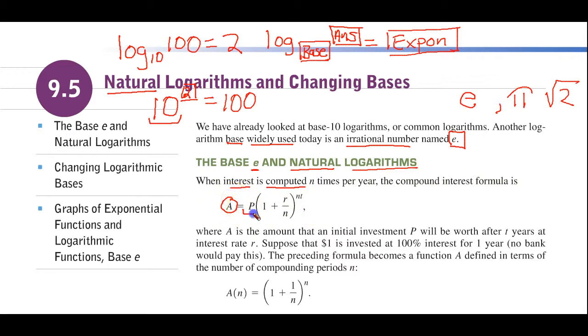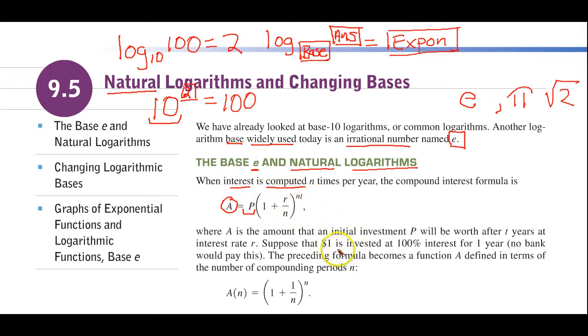This will be your initial investment or principal. And then in parentheses, we have 1 plus the rate divided by the number of times you're going to compound it. And it's that number of times per year, by the way, that you're going to multiply by the time, which is, in fact, the number of years. So there's the formula.